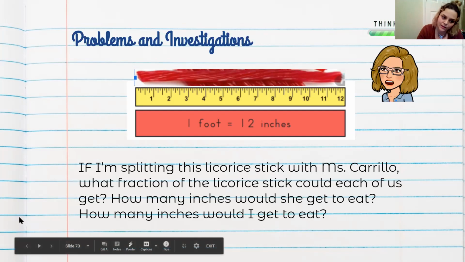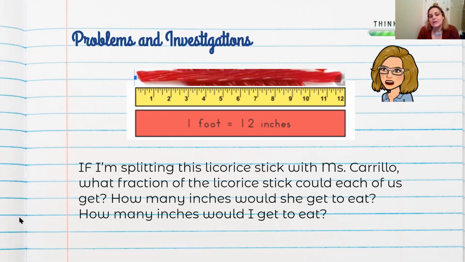Now, I'm gonna read this out loud to you guys, and I really want you to think about what I'm asking you. If I'm splitting this licorice stick with Miss Carrillo, what fraction of the licorice stick could each of us get? How many inches would she get to eat? How many inches would I get to eat? So look at the licorice and how I have it lined up with the ruler.